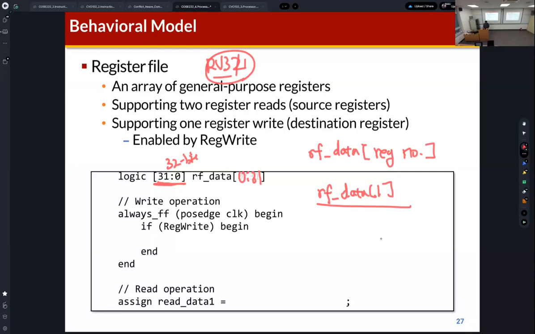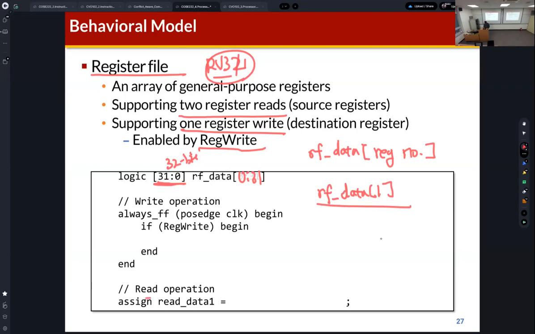The register file needs to support 2 register reads and 1 register write, and I mentioned that this register write is controlled by the read write control signal. Then how can we implement this behavior?